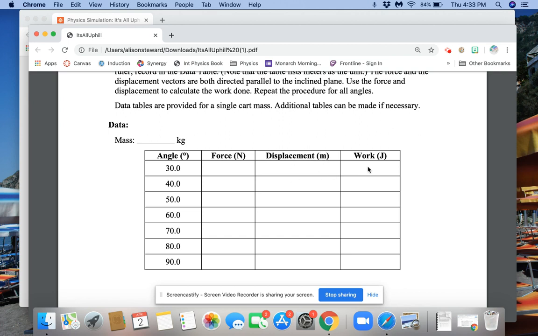Now, when you're calculating work, I find that students always get confused when using that equation. So work is equal to force times displacement times the cosine of theta. Now, here in that equation, you're not using this angle. You're not using 30 degrees for your theta.